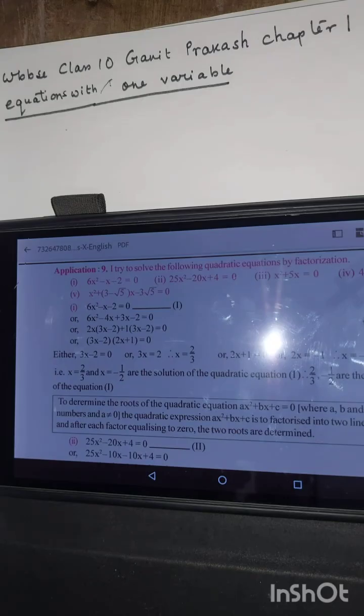Let us take Roman 2, 25x square minus 20x plus 4.